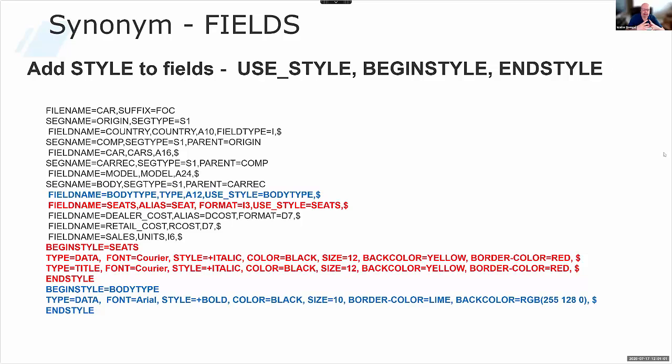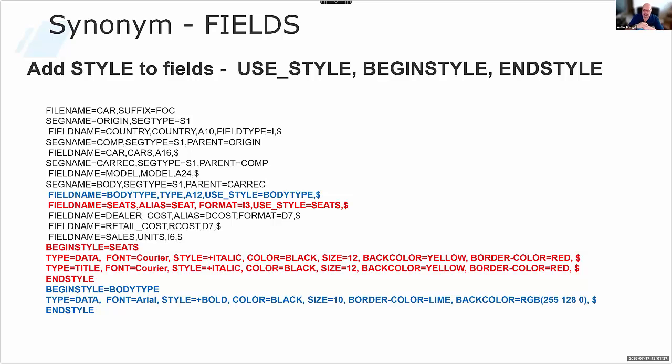All right, adding styles to the master. At the field name level, in this case, field name equals seats, alias equals seat, format equals I3, you can say use underscore style equals seats. If you do this, though, you also have to have a separate section to define that style sheet.